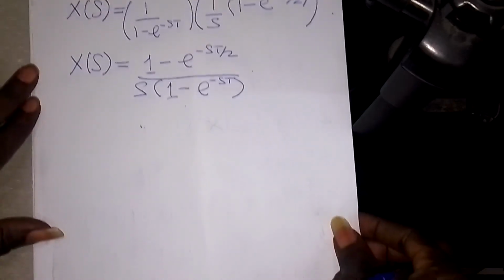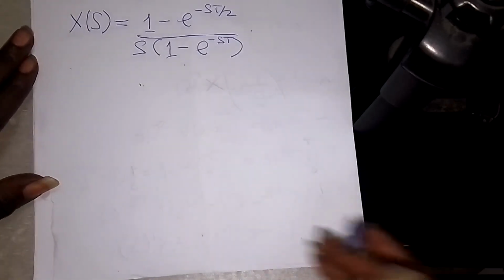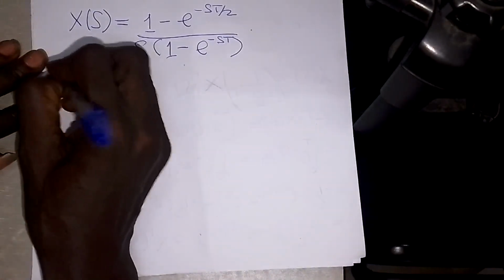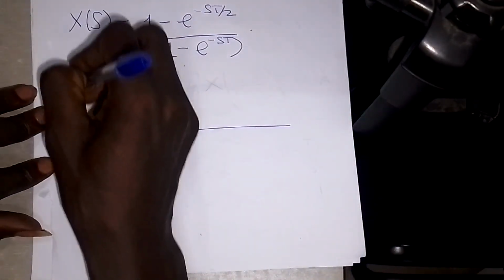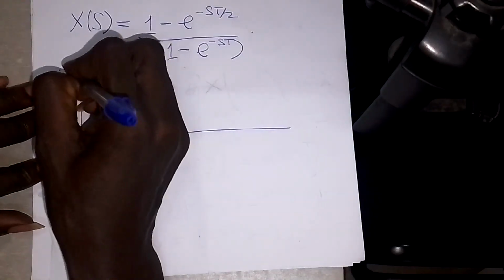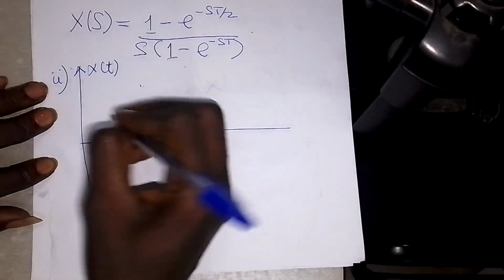Now let's go on to the second question. For the second question, we have a signal of this sort, which is x of t.